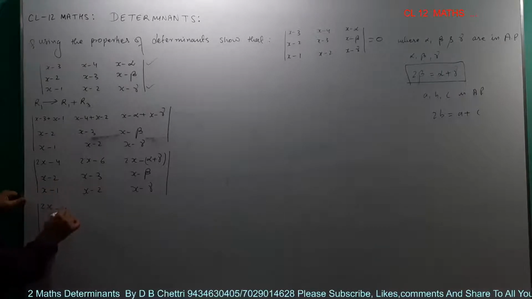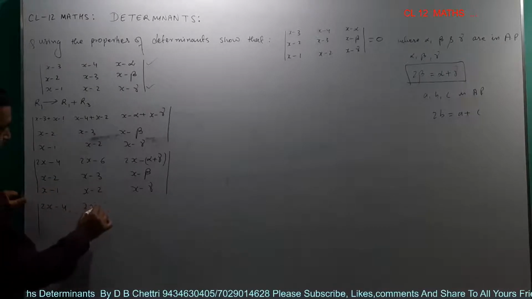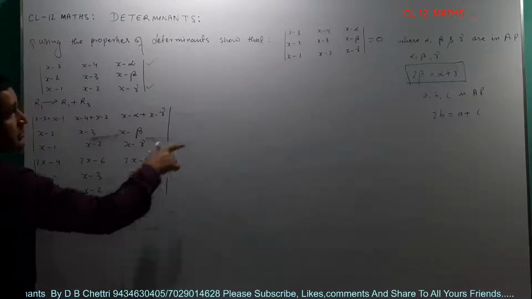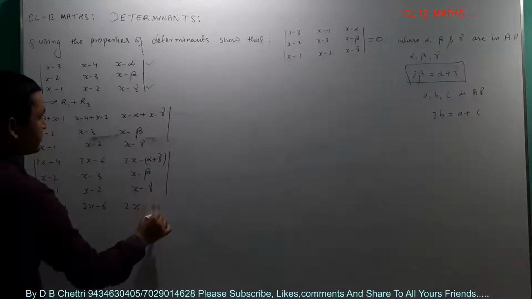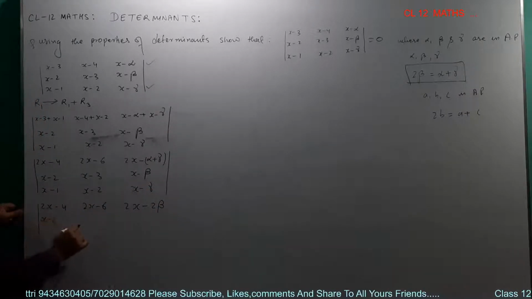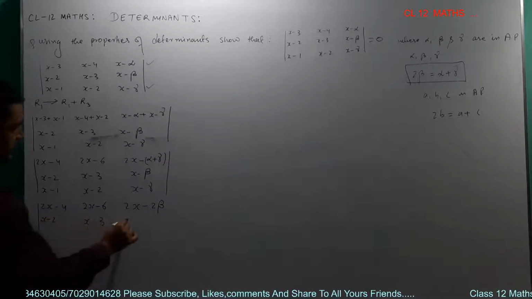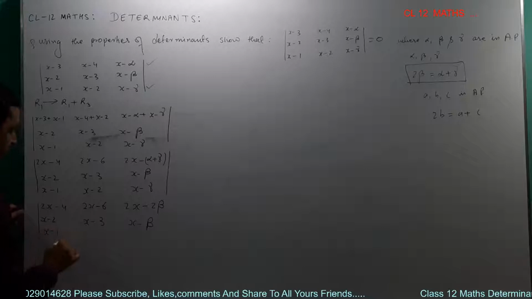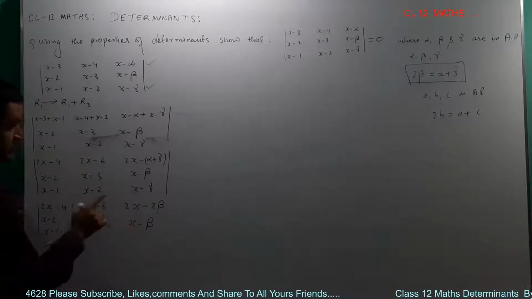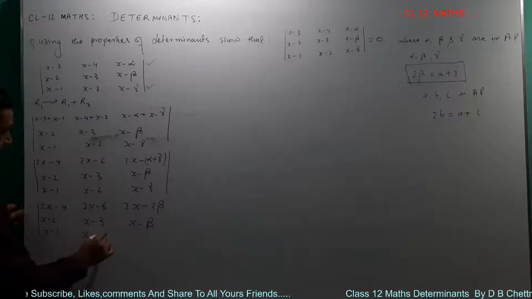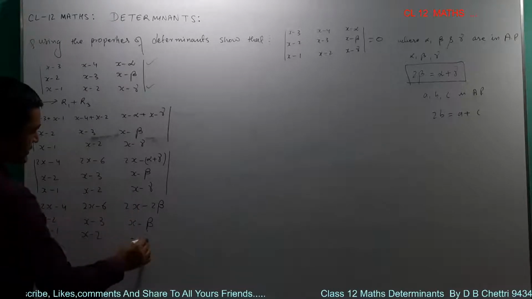So R1 is 2x minus 4, 2x minus 6, 2x minus 2 beta. Then the others remain the same: x minus 2, x minus 3, x minus beta; x minus 1, x minus 2, x minus gamma.